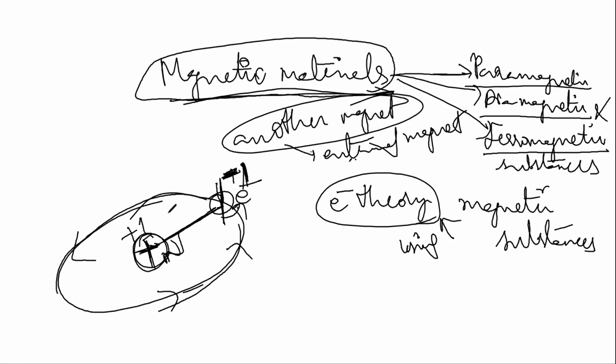This can be treated as an electric dipole. Since a charged electron is revolving around the nucleus in elliptical orbits, there will be a magnetic field surrounding it.